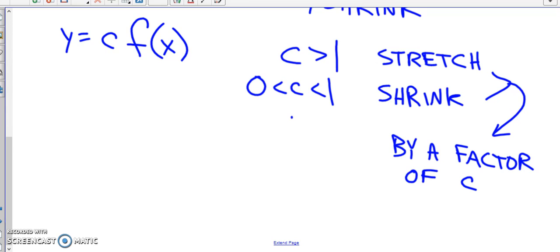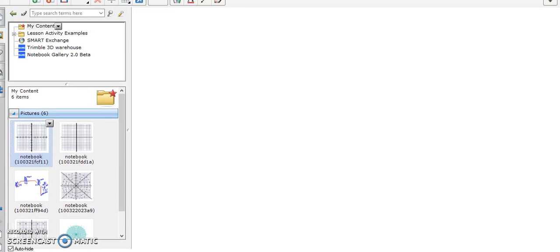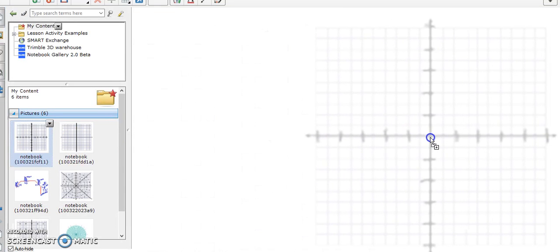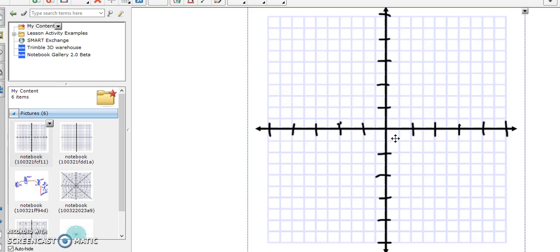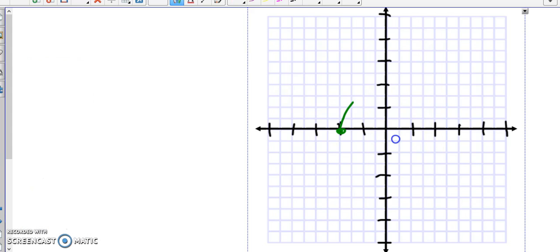We did vertical. Let's do horizontal. So let's see how this works. Let's draw that same graph. That's f.